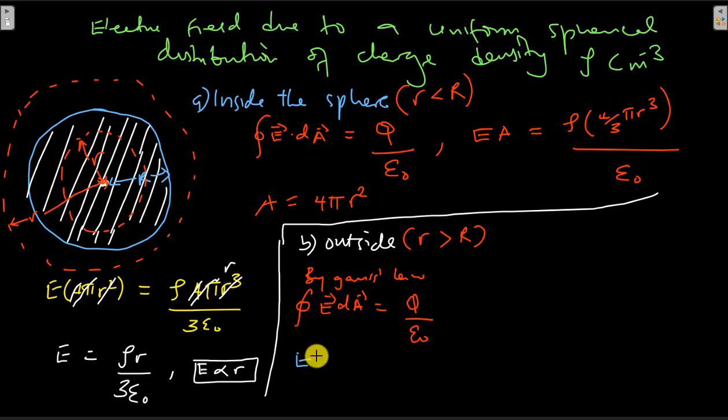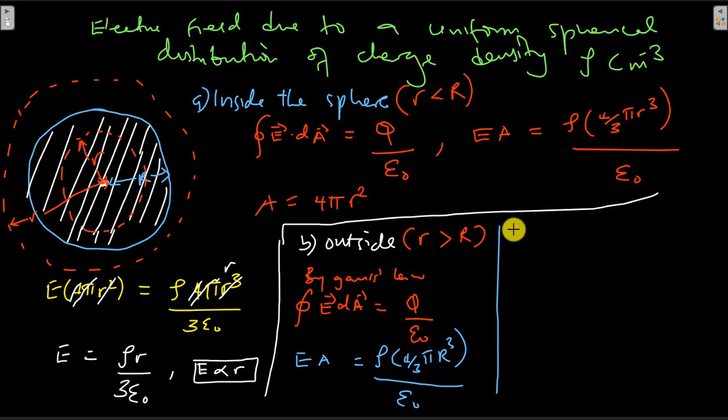This is going to be E times A. The charge enclosed by the Gaussian surface is the charge in this whole sphere, which is rho times 4/3 pi capital R cubed. In this case, the charge enclosed by the Gaussian surface outside is the total charge in this spherical distribution, so I use capital R here, divided by epsilon naught.